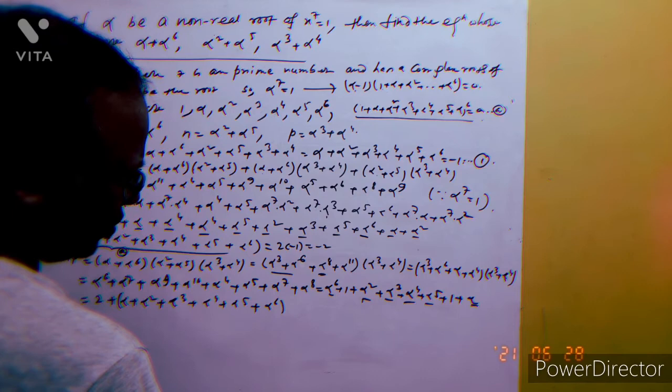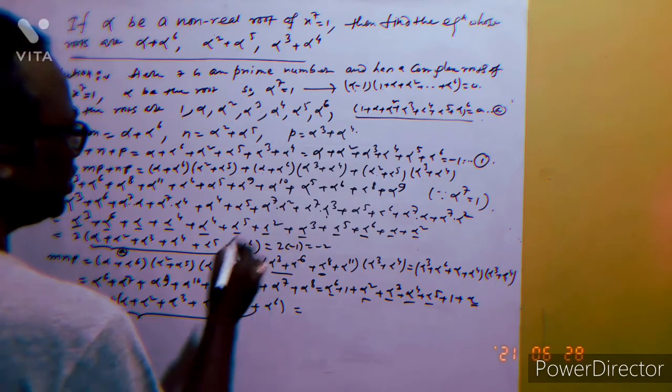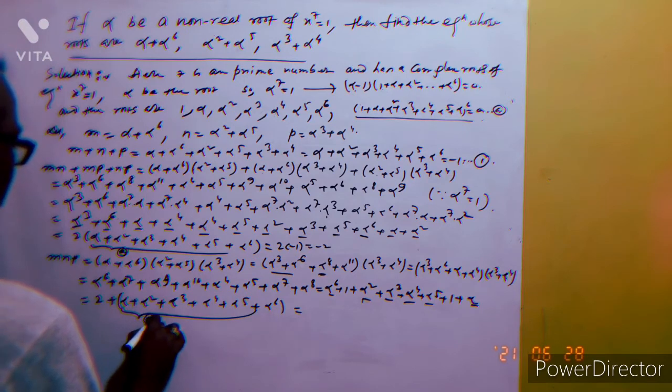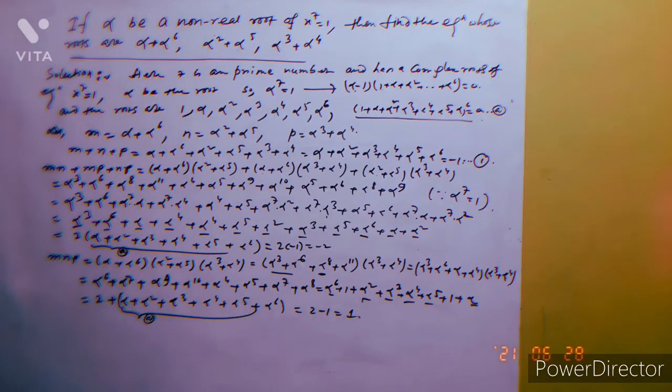Okay, and now from here, this is from A, this is equal to minus 1, and 2 minus 1, this is here 1.